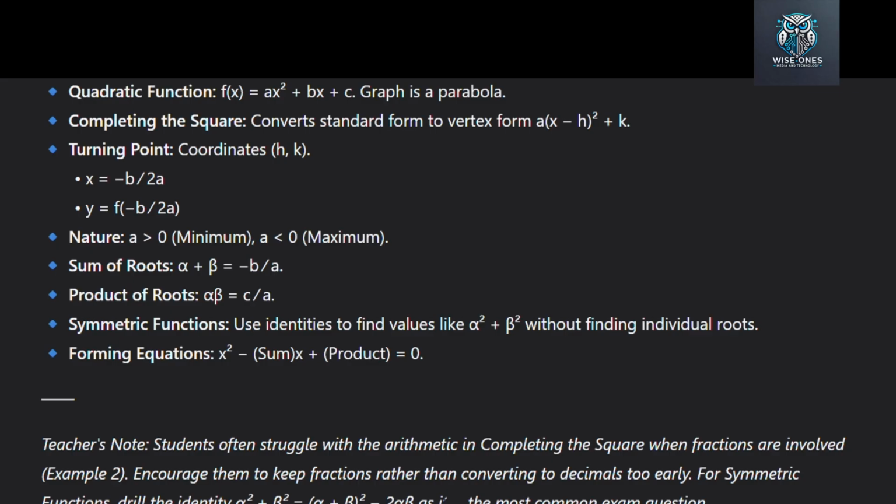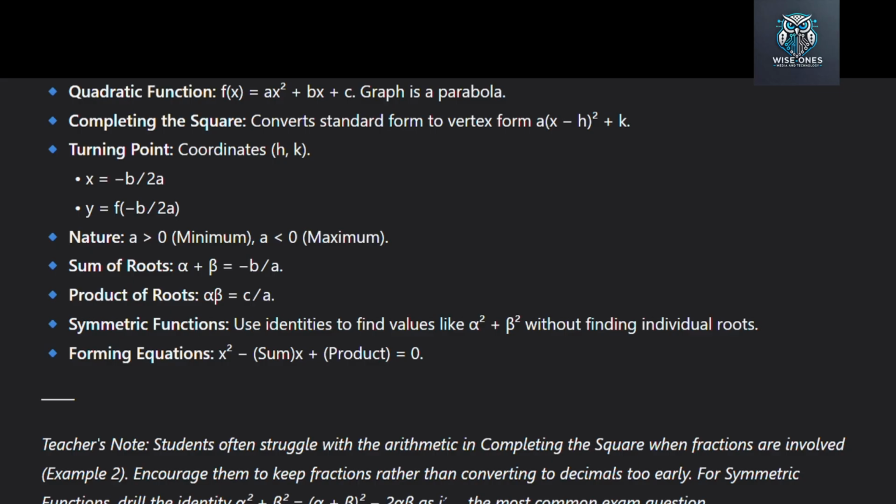The turning point has coordinates open bracket h, k close bracket, x equals negative b divided by 2a, y equals f of open bracket negative b divided by 2a close bracket. Nature, a greater than 0 is minimum. A less than 0 is maximum.